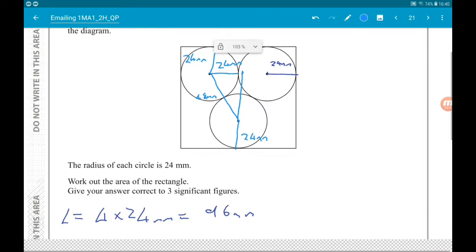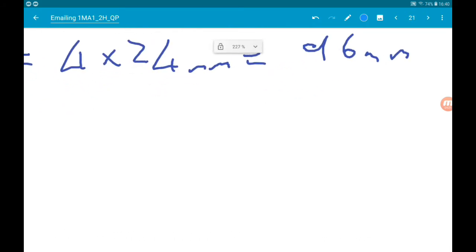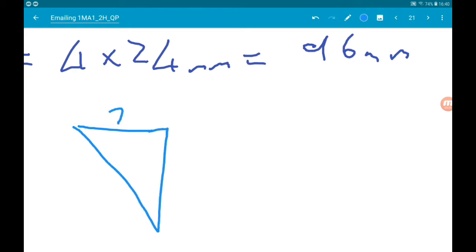Now for that then, we can use our best mate Pythagoras. So if we call this length A, Pythagoras says A squared plus B squared is equal to C squared.